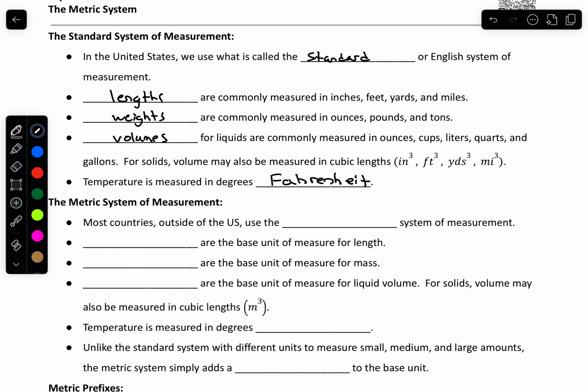All right, so now what I want to point out is that I literally teach this subject and I live in America and have my whole life. And I look at these units of measure, ounces, cups, liters, quarts, and gallons, and I cannot easily tell you how many of each of those units are inside of another. So for instance, how many ounces are in a cup? This is not something that in America we really stress in our educational system.